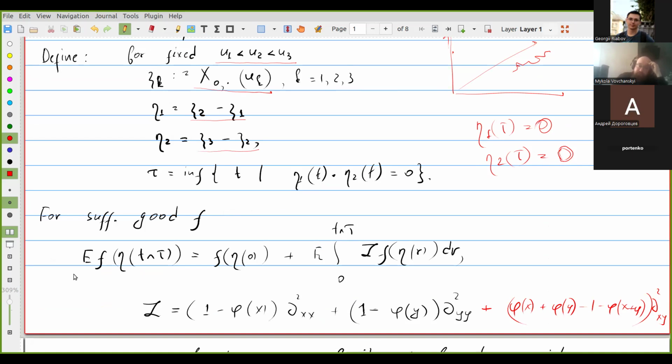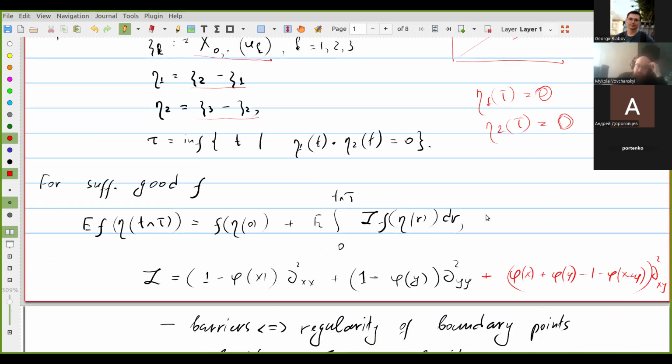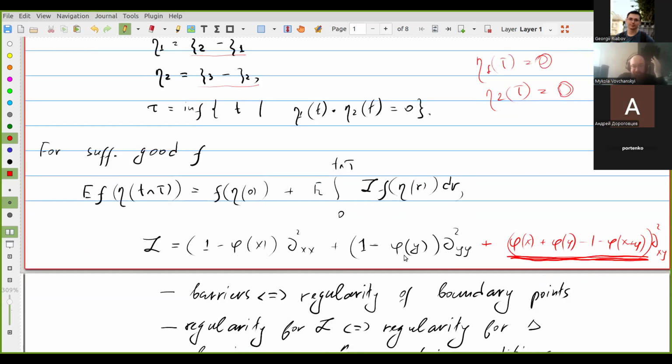So we have a process eta, and simply by the Ito formula we obtain this Dynkin representation for the operators of this form. So as you can see, it's not a really good function that needs to be investigated. This coefficient of the mixed derivative depends on x and y, that is eta 1 and eta 2, which are differences in the original formulation, in a nonlinear way.